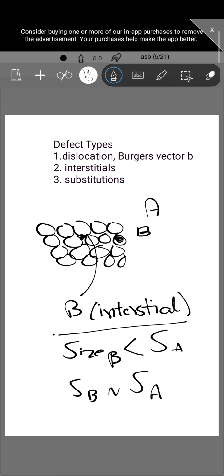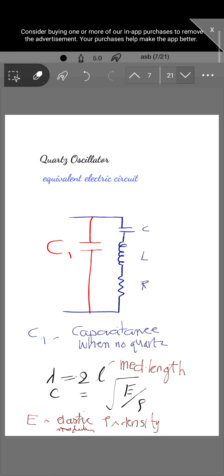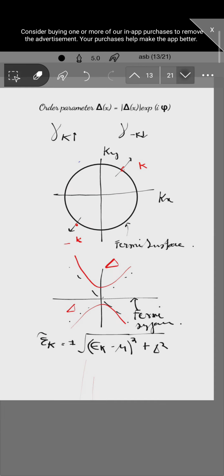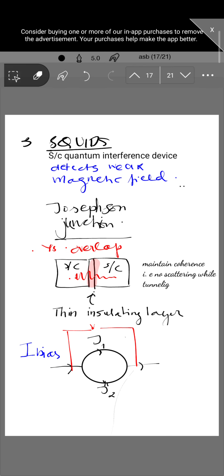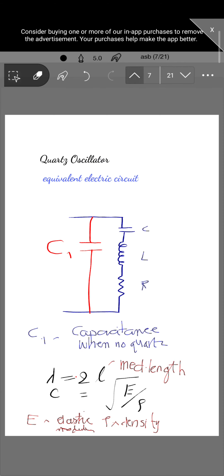Now, the whole alloy system is based upon these defects.